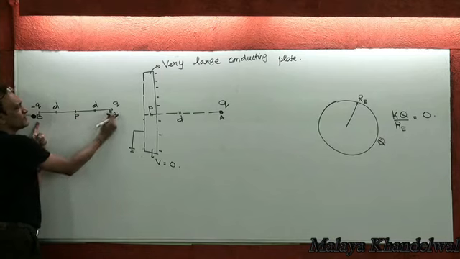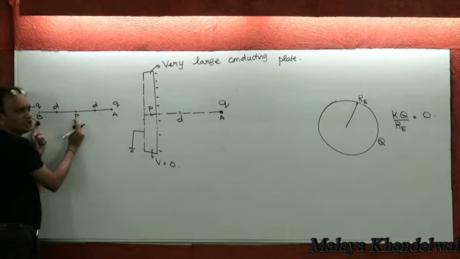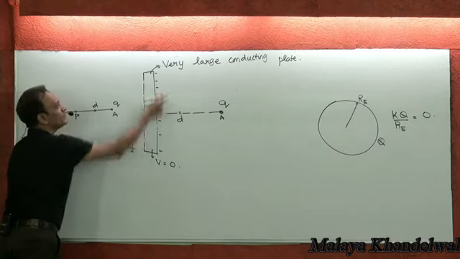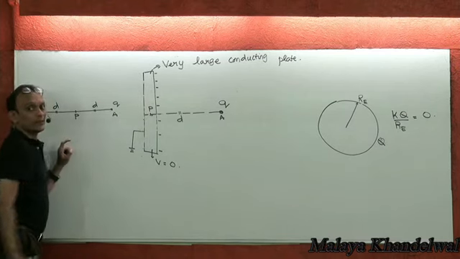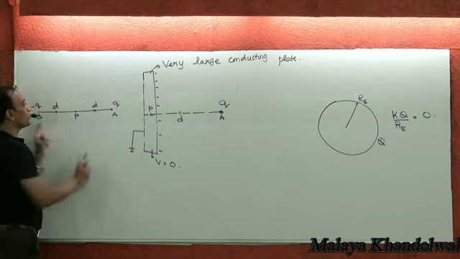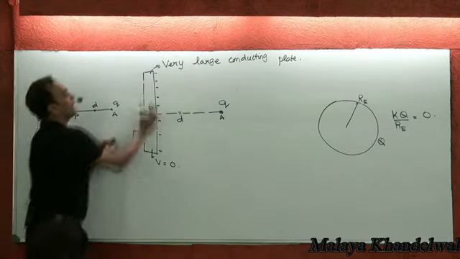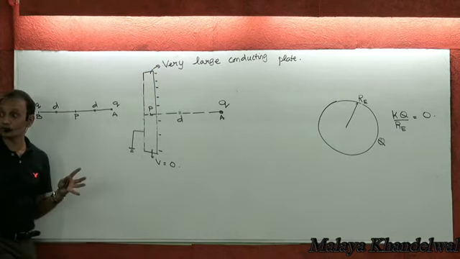Then do you realize that if there is a q here and a minus q here, that will reduce the potential of P to zero? That means effectively it will be simulating this plate, right? So a q here and a minus q equidistant will create the plate situation, a region of zero potential.